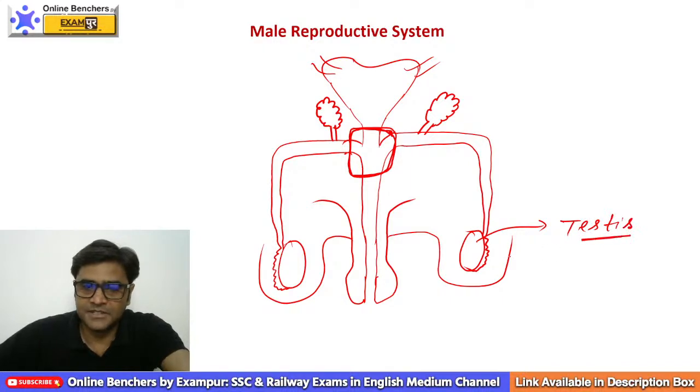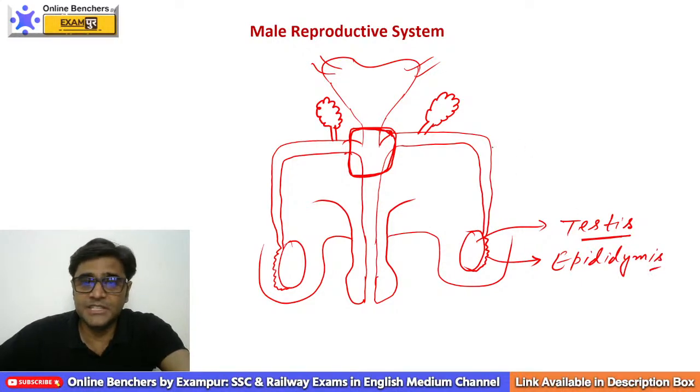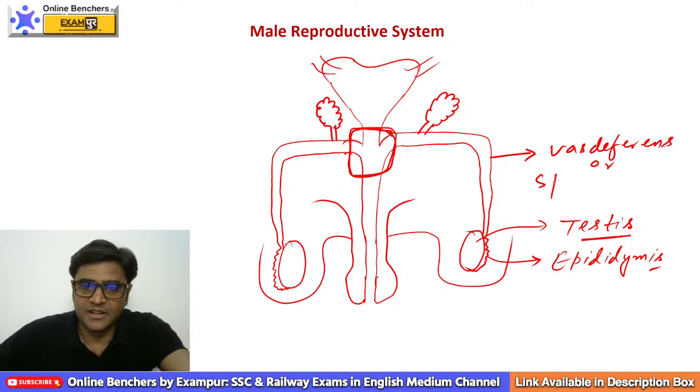This is testis, and this coiled tube-like structure outside the testis is known as epididymis. Now, this tube-like structure which carries sperms is known as vas deferens, which is also known as a sperm duct.